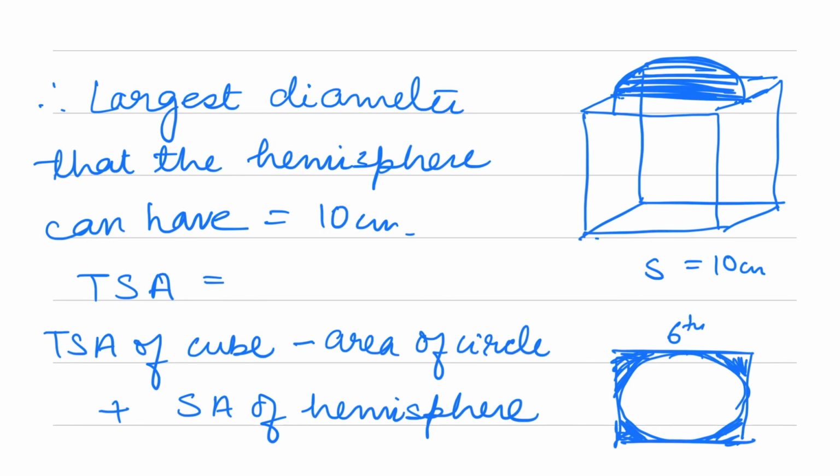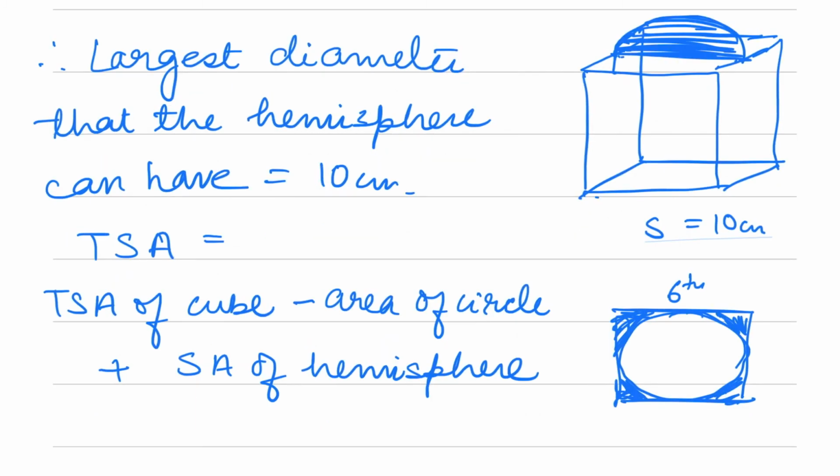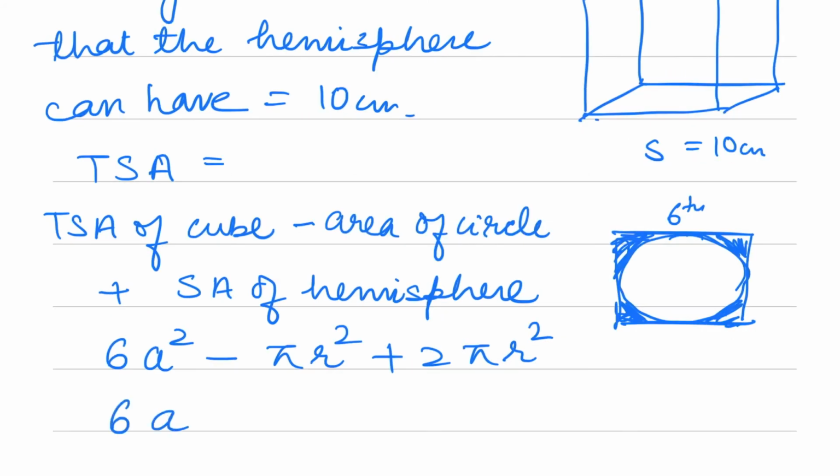Now let's write down the formulae. Total surface area of cube is 6a square, minus area of circle pi r square, plus surface area of hemisphere 2 pi r square. And this would be 6a square plus pi r square.